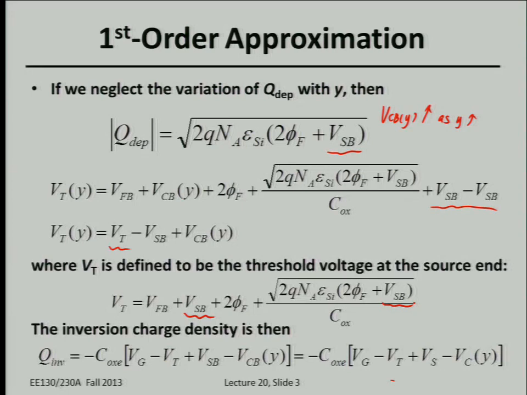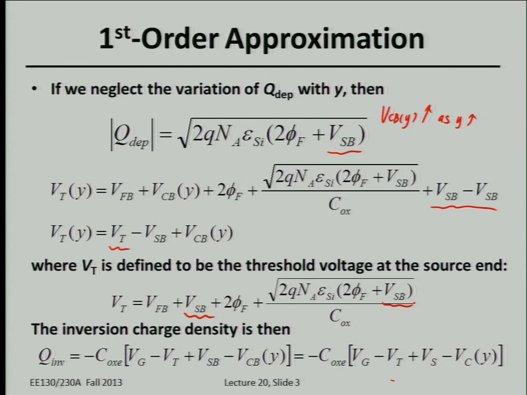This term will be 0, because right now we shift our attention from the substrate to the source, and we take the source as the potential reference. So we redefine everything according to the source potential.